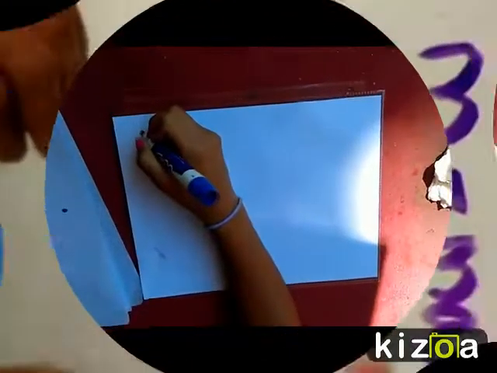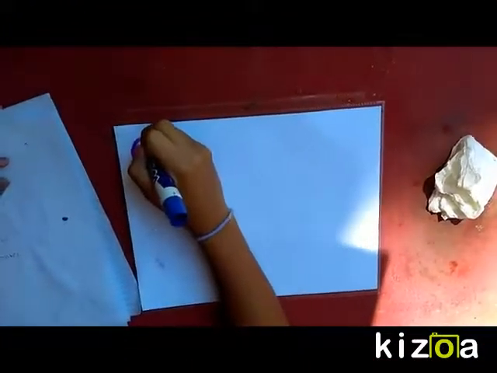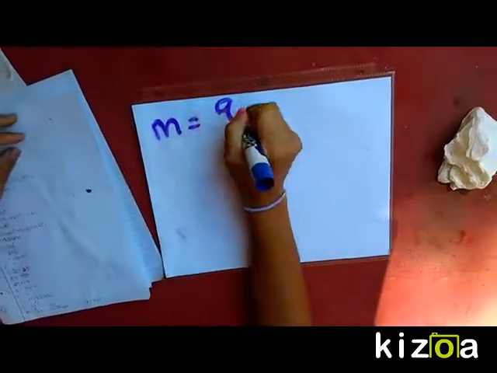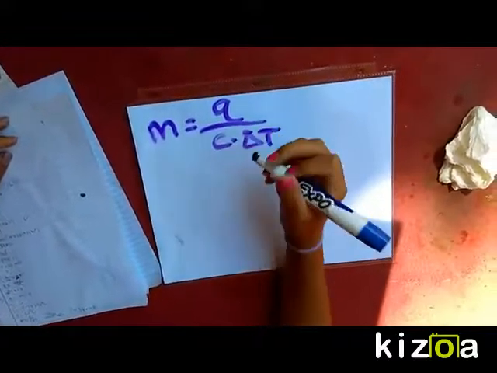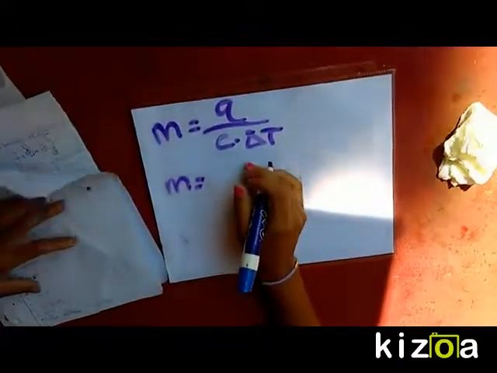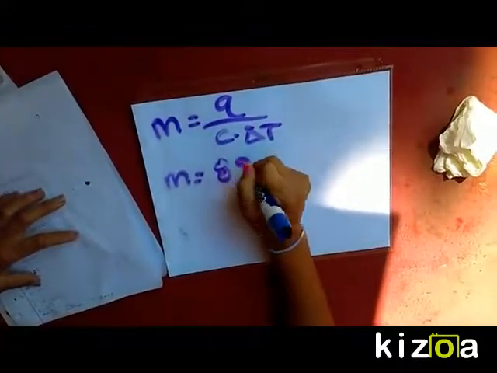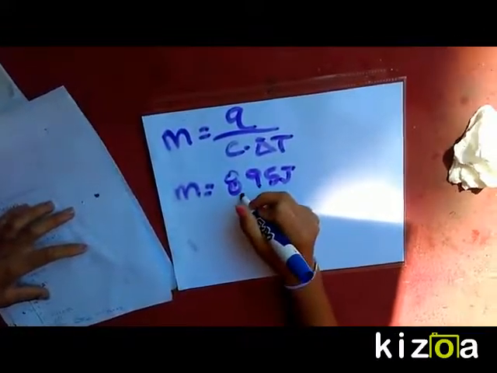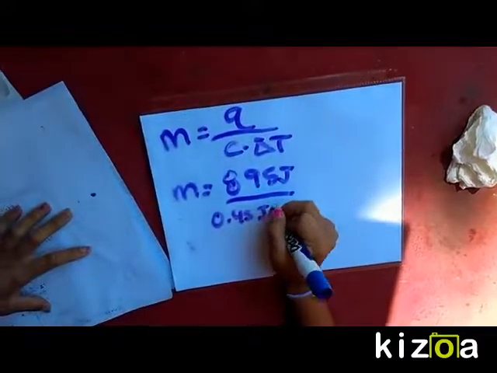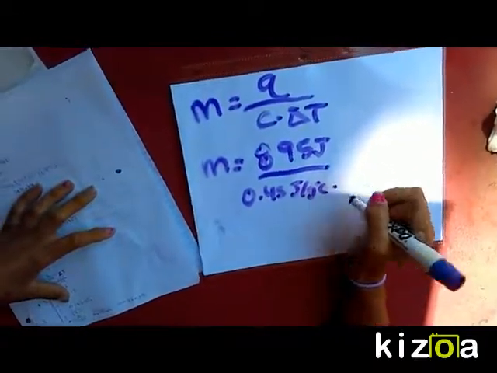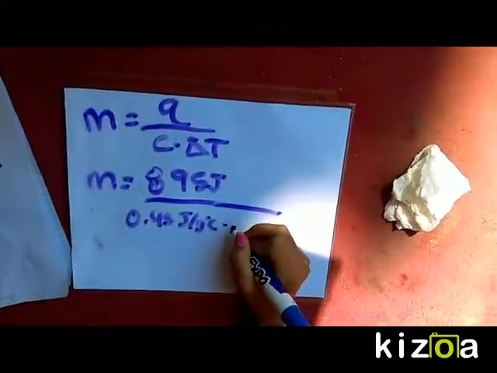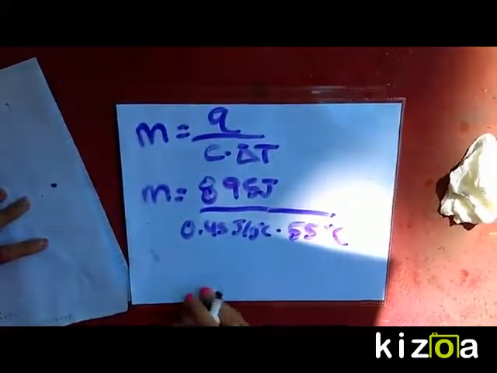Previously, we're just going to have to plug our numbers into our equation, which is M equals Q over C times triangle T. So since we're solving for M, M will equal 895 joules over 0.45 times 55 degrees Celsius.